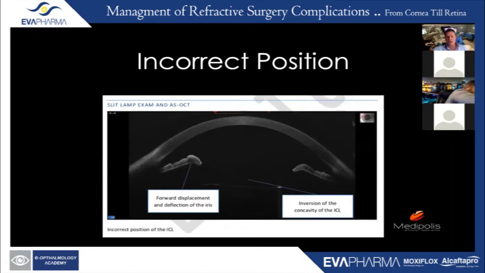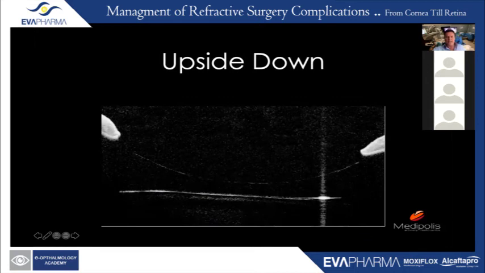This particular case was published in a book by CSO, and you see a very peculiar bulging forward of the iris here. When we magnify the center part, you will see what it is. It is an insertion of the ICL upside down.